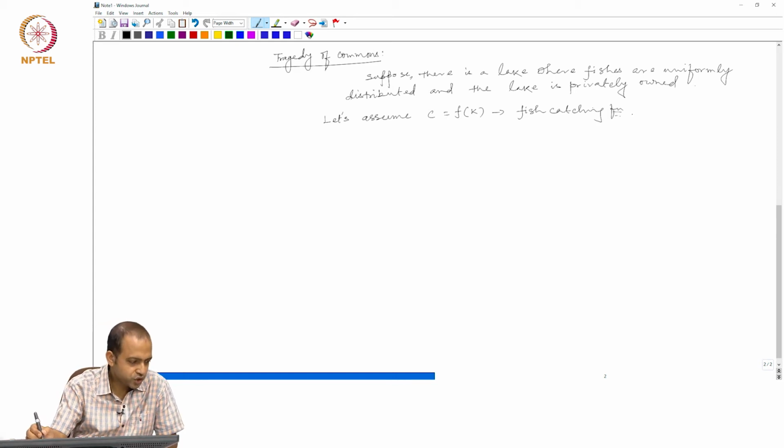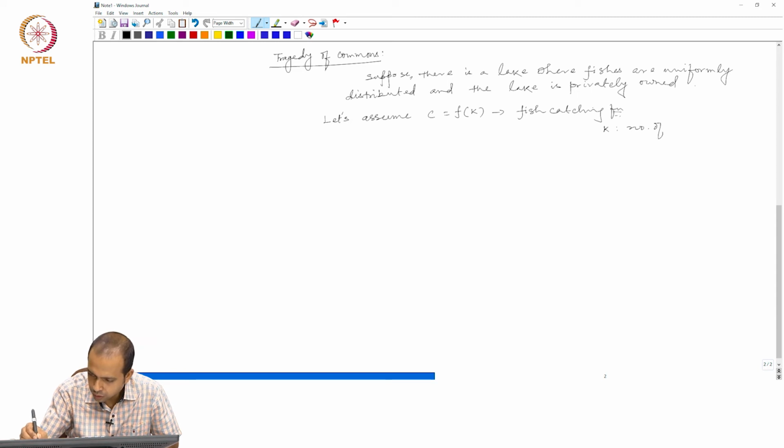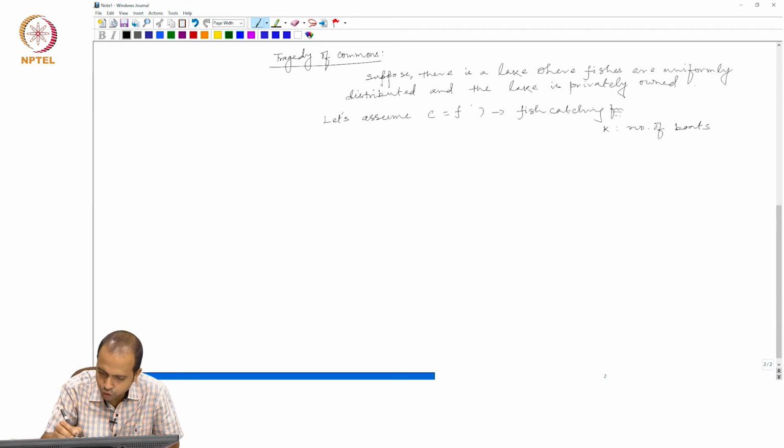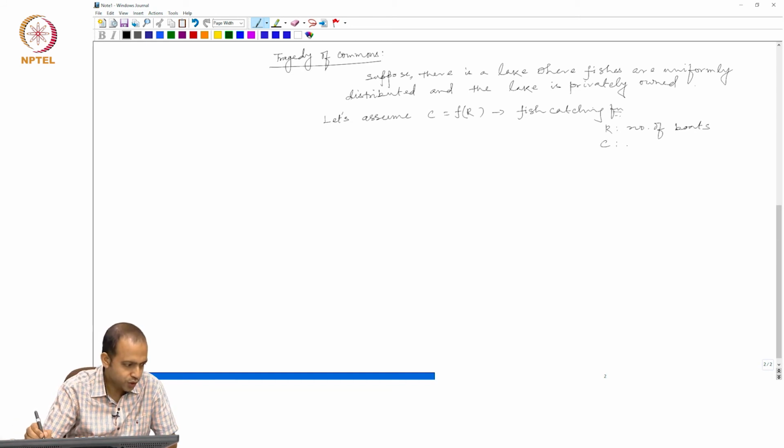Some kind of production function you may think of, wherein k is basically the total number of boats. Small k denotes the number of boats, and C is basically the total catch.